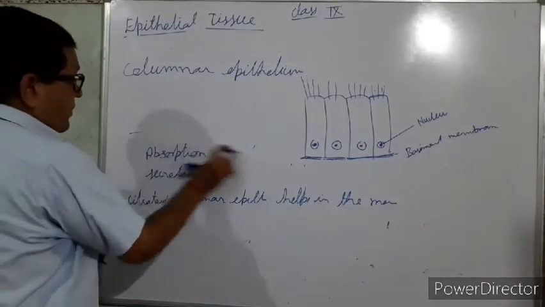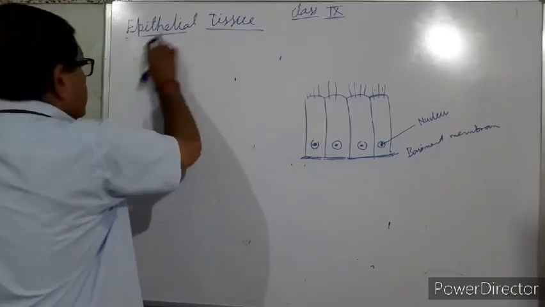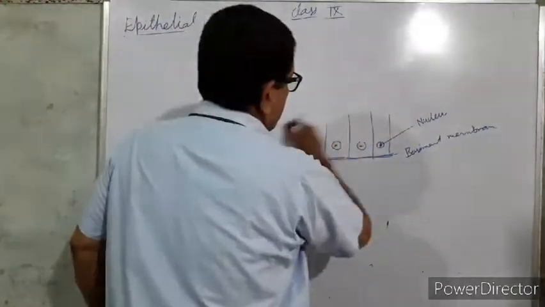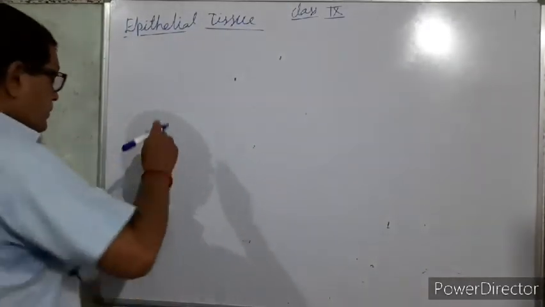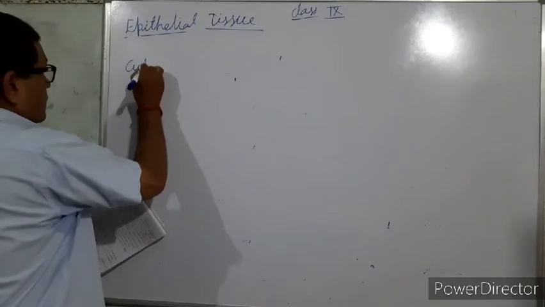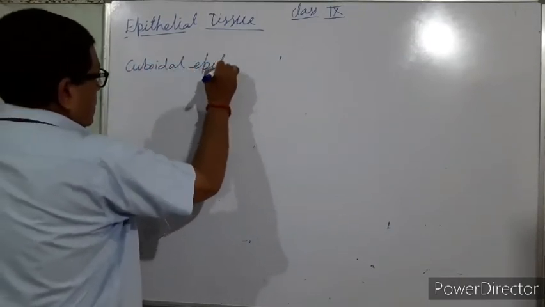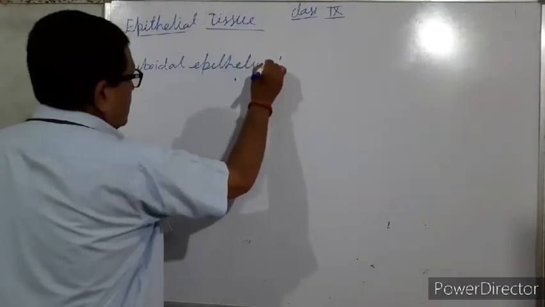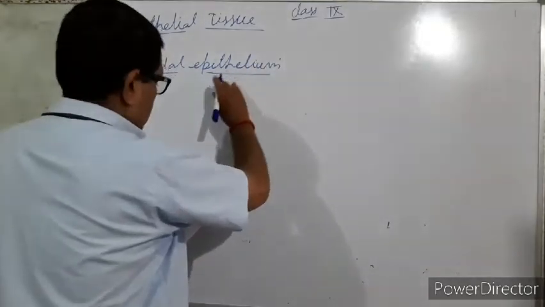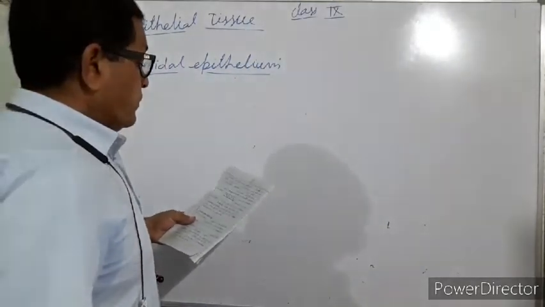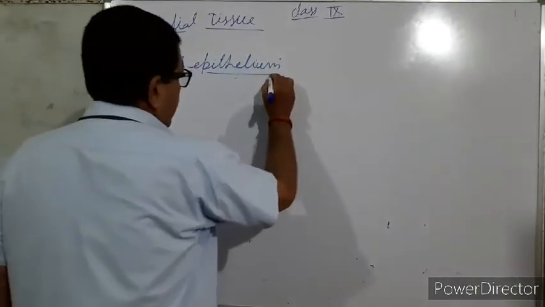Now next one, the cuboidal epithelium. These cells are cube shaped.